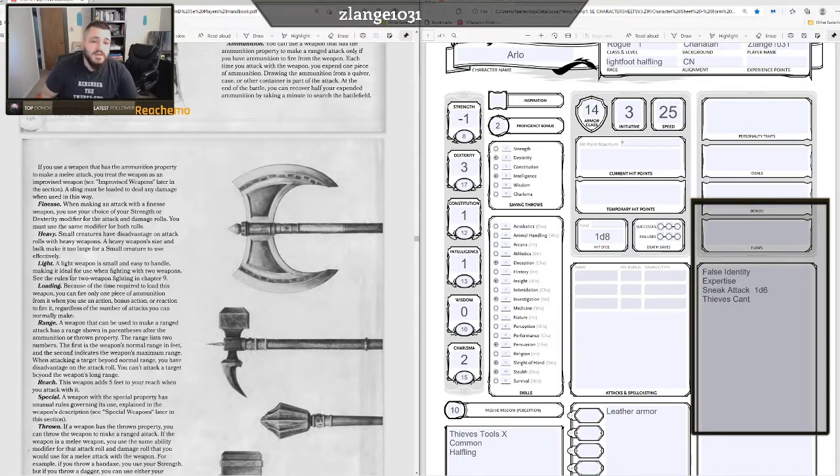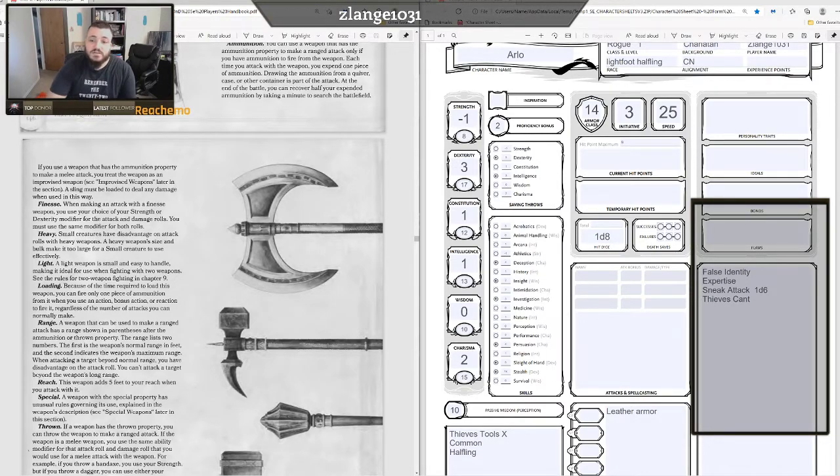Finesse. When making an attack. So, if you remember finesse, in the rogue skill, sneak attack, it has to be either a finesse weapon or a ranged weapon. Just because it's a stipulation you have to have. So, finesse. When making an attack with a finesse weapon, you use your choice of your strength or dexterity modifier for the attack and damage rolls.